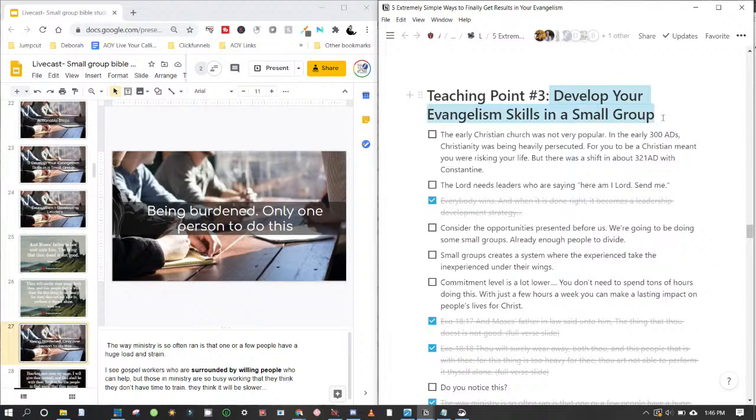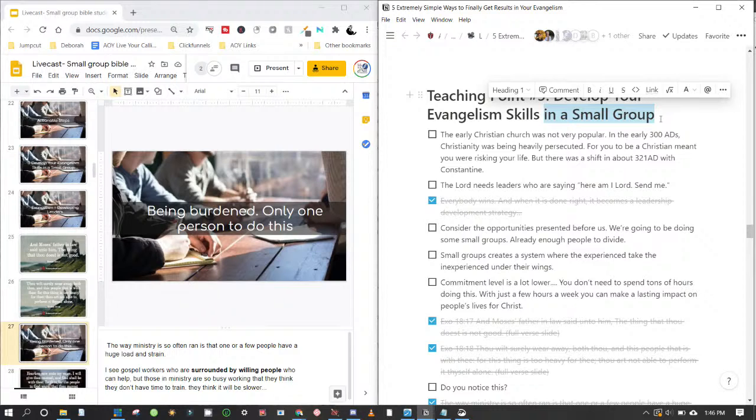So we could see that just from the teaching point alone, it says develop your evangelism skills. Everyone in our program wants to develop their skills, but what we're saying is, in a small group, the conclusion we want them to know is that the small group is where you will develop your evangelism skills.